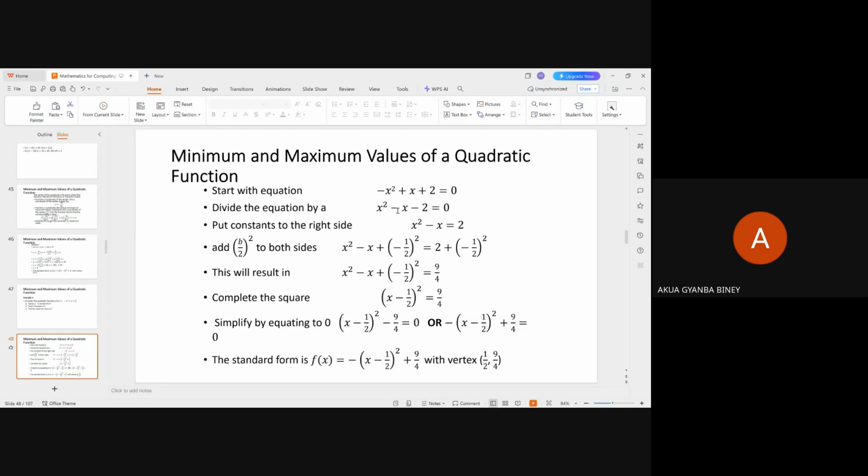So dividing through by a, put the constant to the right, add b over 2 all squared to both sides. B is minus 1, so it's minus 1 over 2 all squared. You pick your b, the coefficient of x, divide by 2 and square all of it. We add it to both sides.